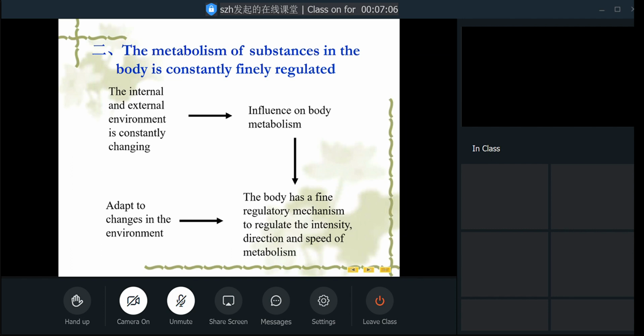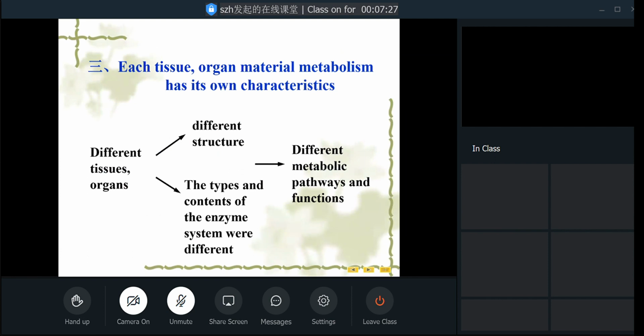For example, when you feel the temperature increase, our body may regulate the energy released and keep the body's temperature. And another one, each tissue and organ has its own characteristic substance metabolism.